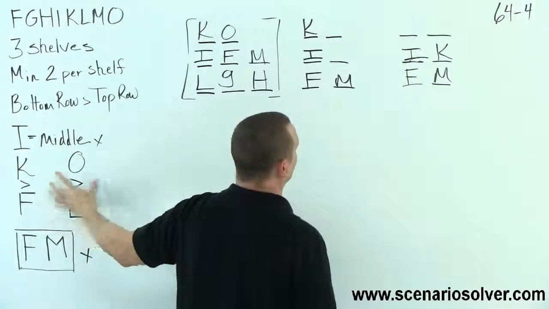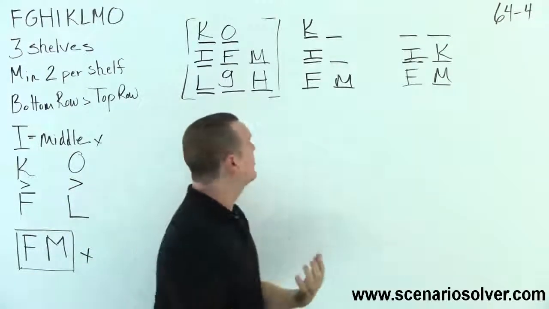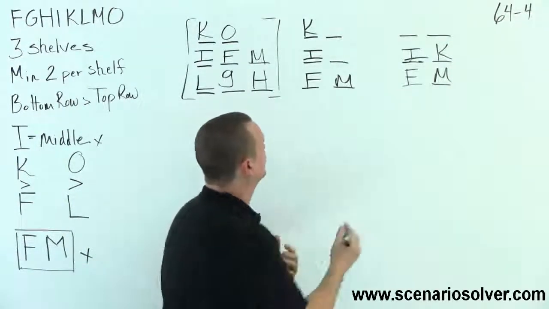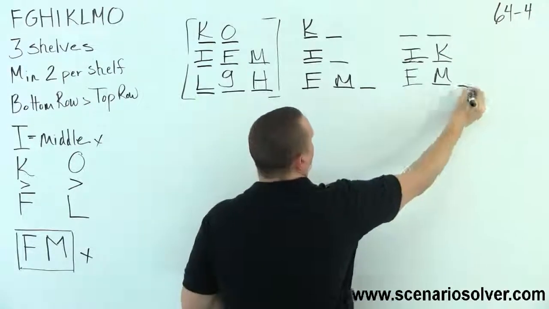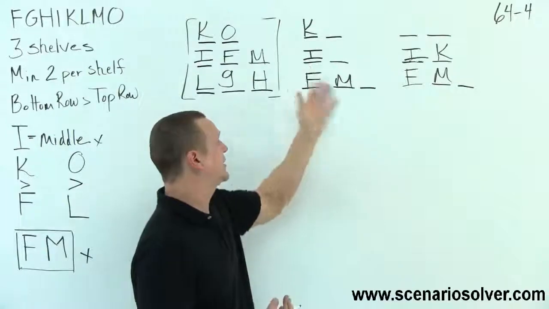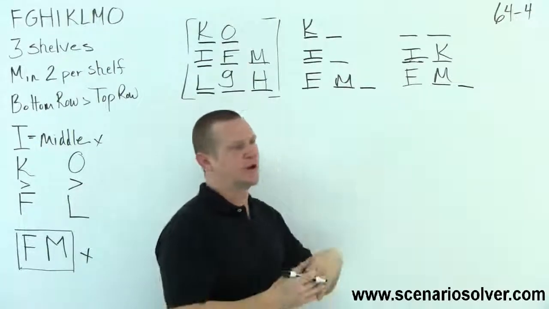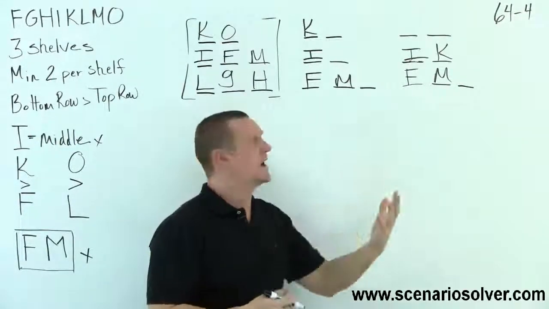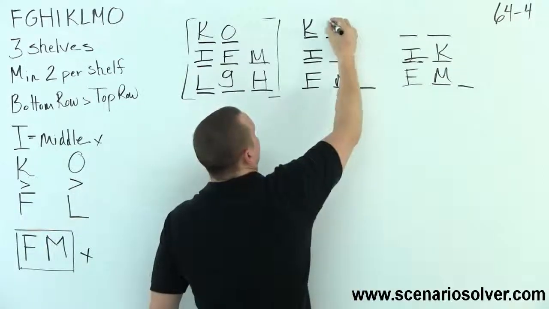So now we're just needing to apply O and L. And the OL situation here is just really a basic distribution. It's a 2-3 distribution. We know that there are 3 potential locations. We know that O has to occur higher than L, and so we just go ahead and flesh it out.